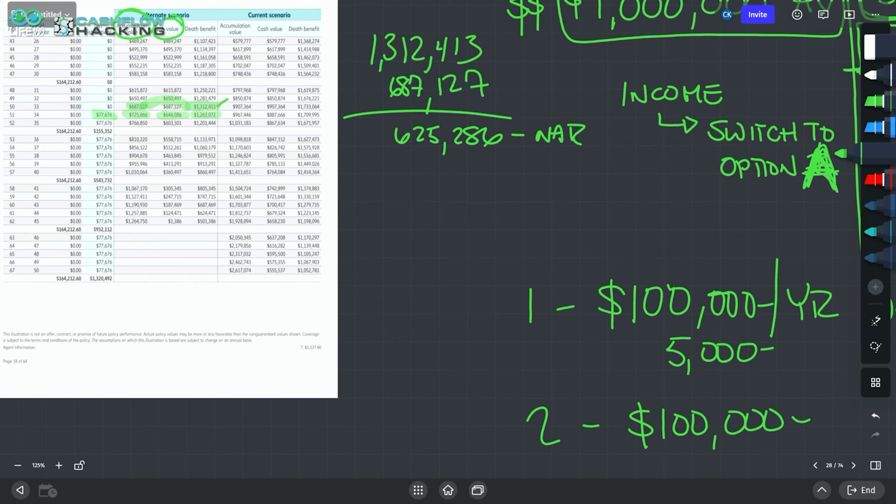Let's think about how this is functioning the next year. You're taking the income, okay? And the accumulated value is going up, but look at the cash value, it's going down. The death benefit is also going down because it's a level death benefit. Cash value's gone down, but here's the deal.